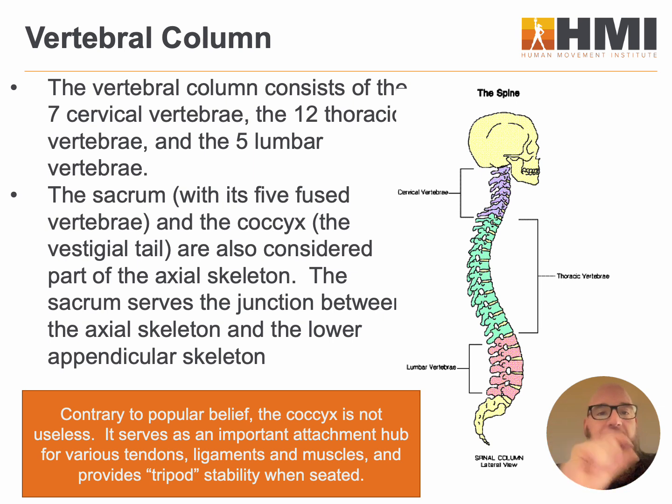So let's start at the very top. There's 7 cervical vertebrae. The very top vertebrae right under the skull is C1. The next vertebrae is C2, and that stands for cervical. C3, C4, C5, C6, C7 is the last cervical vertebrae, and then we go into the thoracic vertebrae.